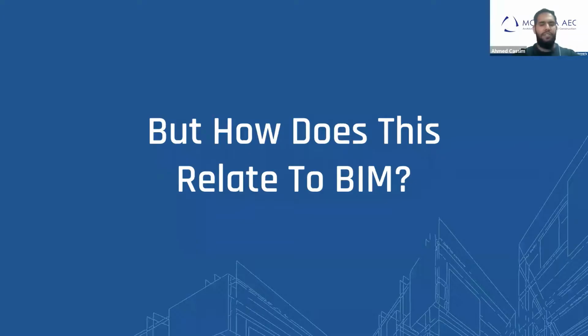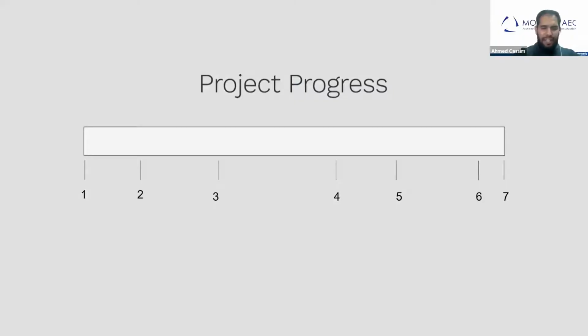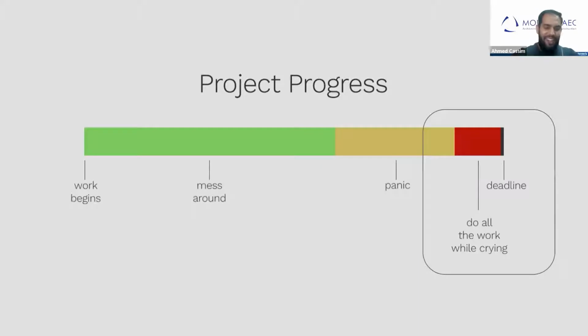So how does this relate to BIM? We look at projects as they progress over time, and in a perfect world, projects would progress gradually, and at each stage, milestones would be achieved. But we know in reality, work begins, some people mess around, there's a bit of panic at a certain stage, then a lot of work is done while crying just before the deadline.